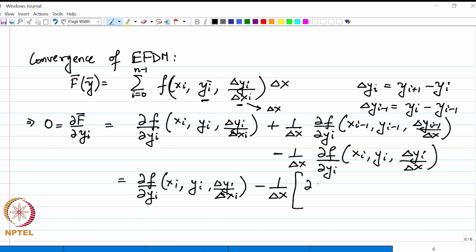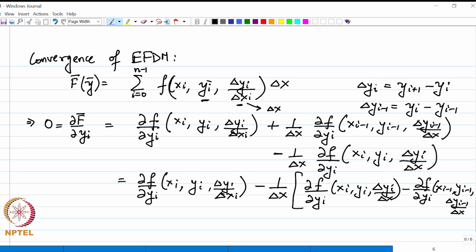So, I see that this is also equal to del f del y_i of x_i, y_i, delta y_i by delta x minus del f del y_i of x_i minus 1, y_i minus 1, delta y_i minus 1 by delta x, right. So, let me just take this constant in the denominator, and that shows the result significantly.